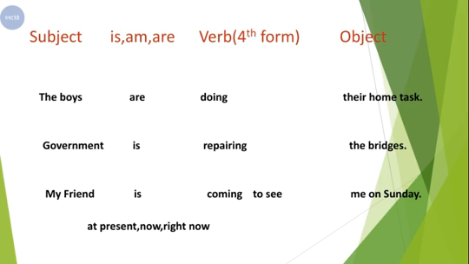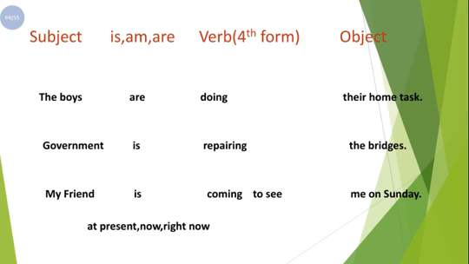So at the bottom you can see there are some words like at present, now, right now. If these three words come in a sentence, so your sentence would most probably be a sentence of present continuous tense.